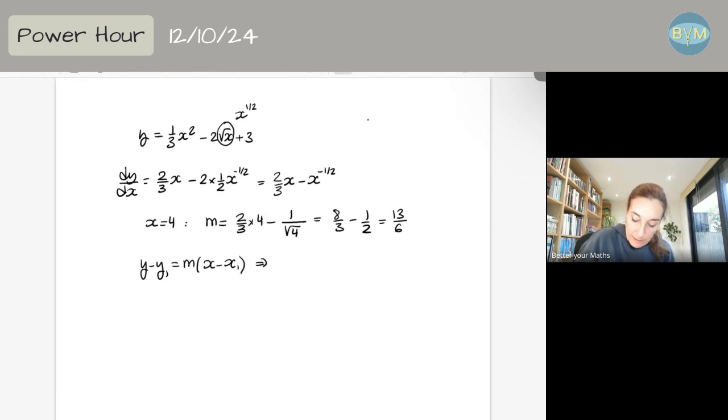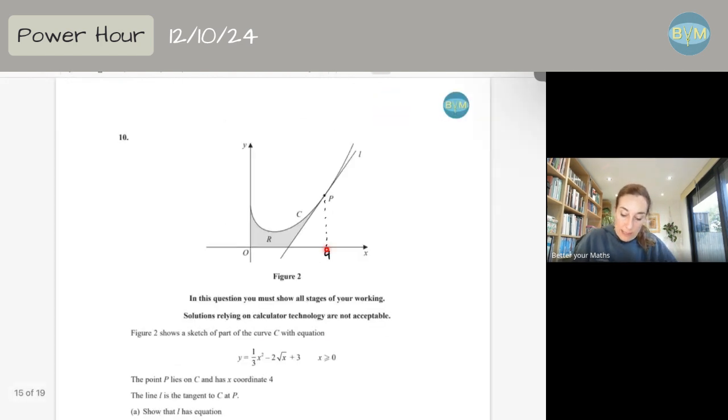With the point, we have the x coordinate. The x coordinate was 4, but we need the y. How are we going to find the y? We have the equation of the curve, and the point is on it. So we are going to substitute the x by 4 and see what we get for y.